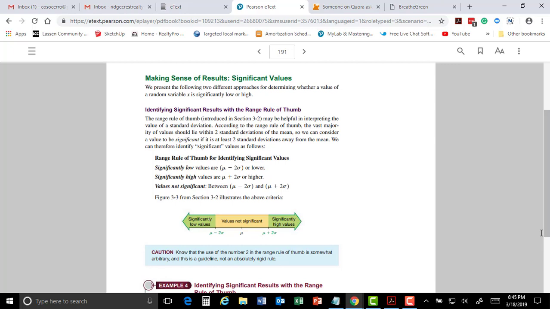You take mu and add 2 sigma to it. That's 2 deviations to the right and 2 deviations to the left. Now they're saying if what you're analyzing falls outside this boundary, it's significant, it's of notice, of value, and this is high. If it lands in here, we say it's not really that much difference. We'll go over that next.